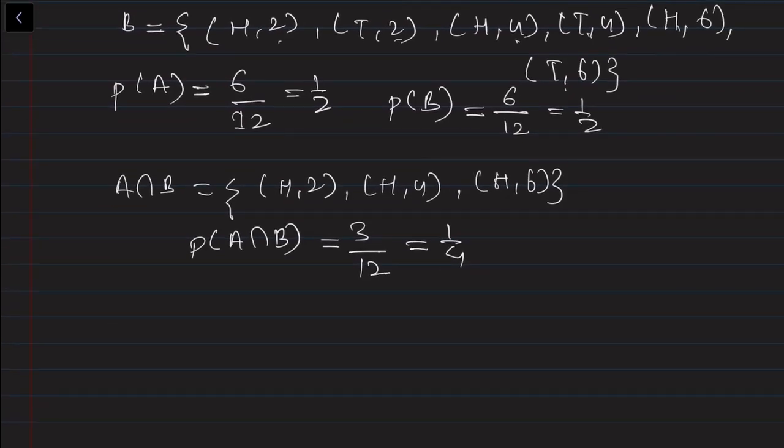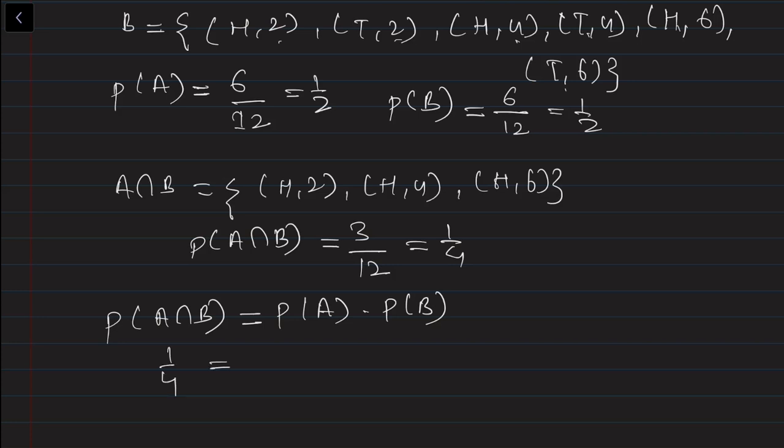Now you can verify the independent rule: A intersection B equals probability of A times probability of B. A intersection B is 1 over 4. And the probability of A is half, and this is also half. So this is 1 over 4. So this is how you can verify the independent events.